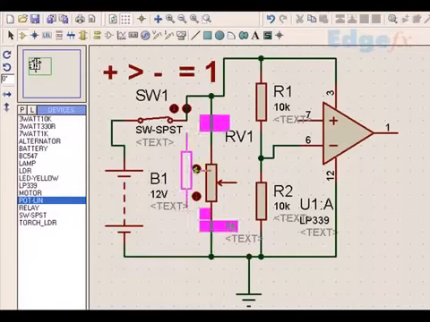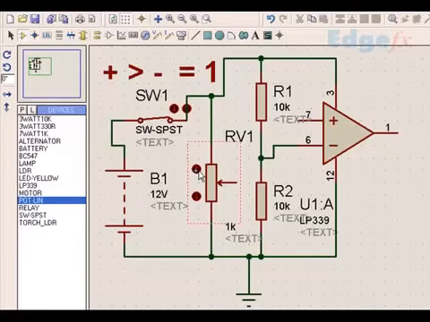So when I vary this, this point can go to 12 volts or come to 0 volts. I know the halfway point will be 6 volts, so let me keep it slightly more than this.